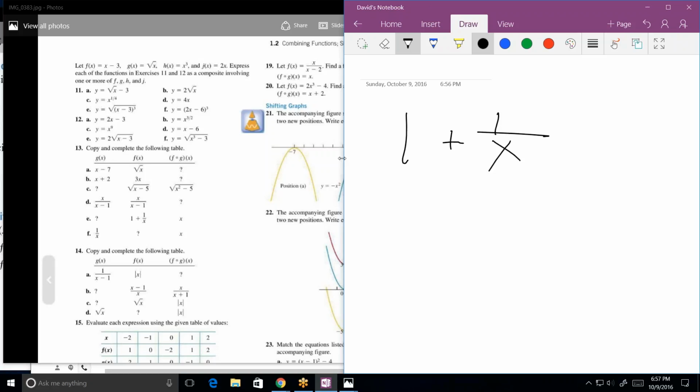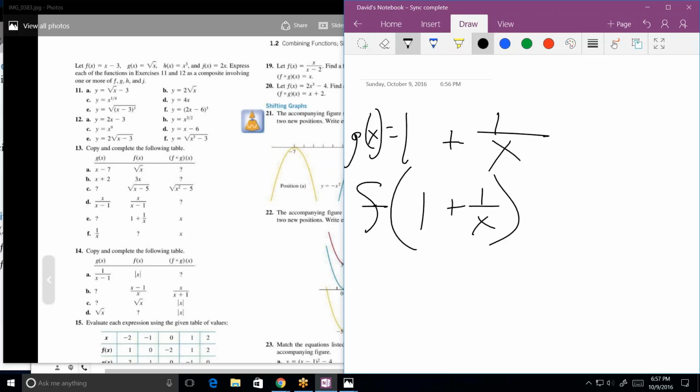In other words, what if that was g of x? Now, what is f of 1 plus 1 over x going to be? In other words, we know what f of x is. It's 1 plus 1 over x.